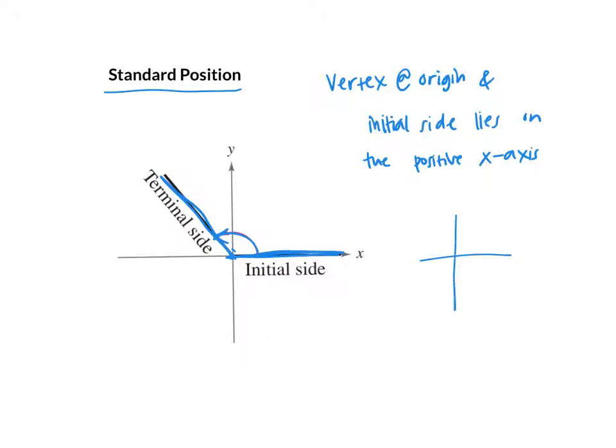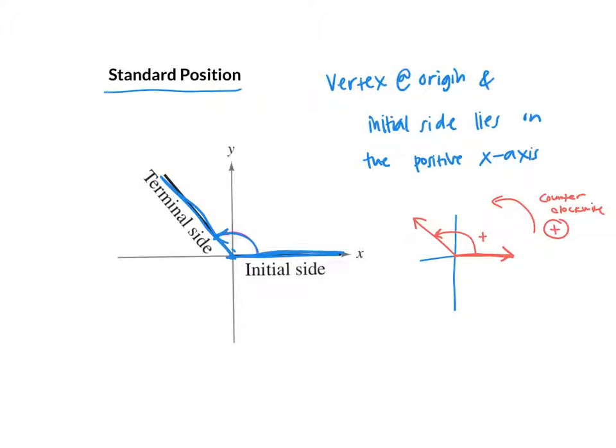So there are 2 different ways that you can have your angle. Let's say your initial side is always here because we're in standard position. If you rotate counterclockwise, the angle that you've created is going to be positive in value. So it's positive if you go counterclockwise.